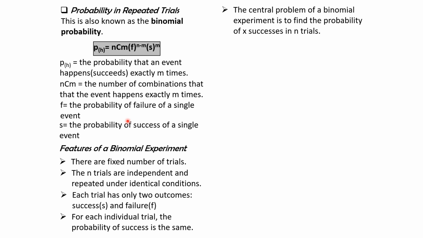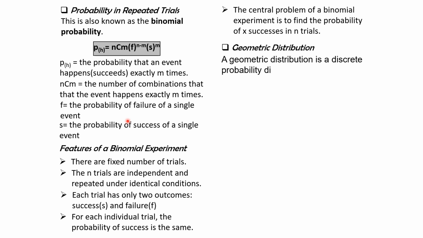Then related to this is the geometric distribution. A geometric distribution is a discrete probability distribution of a random variable, denoted by X, that satisfies the following conditions. First, a trial is repeated until a success occurs.